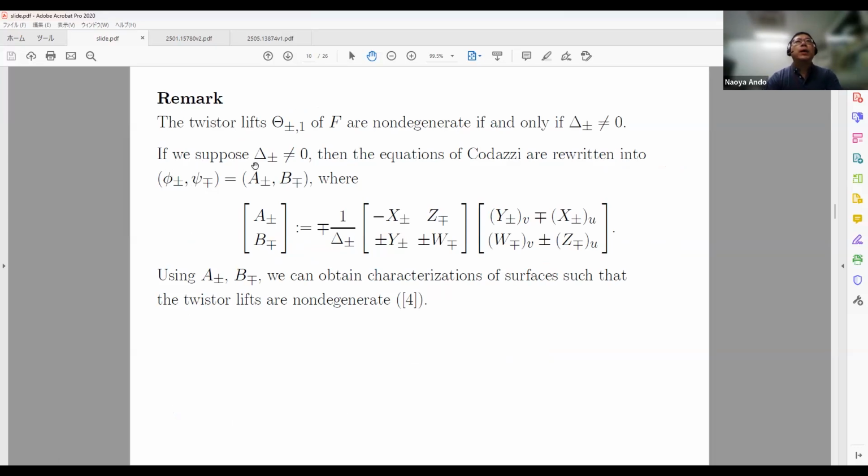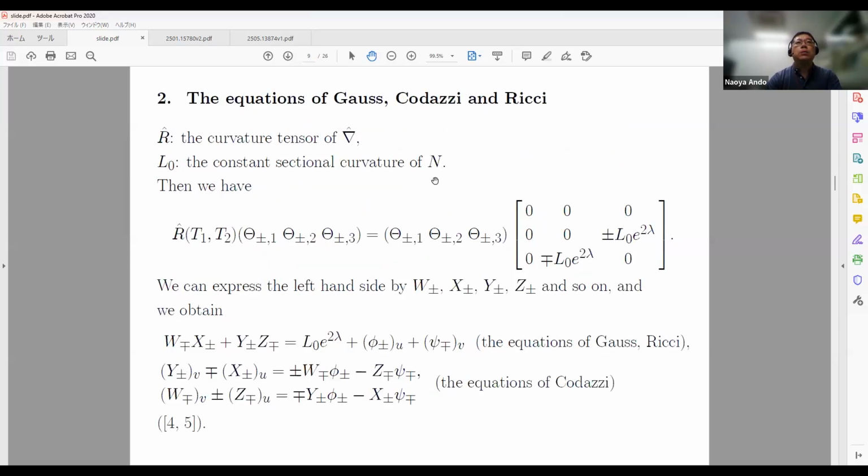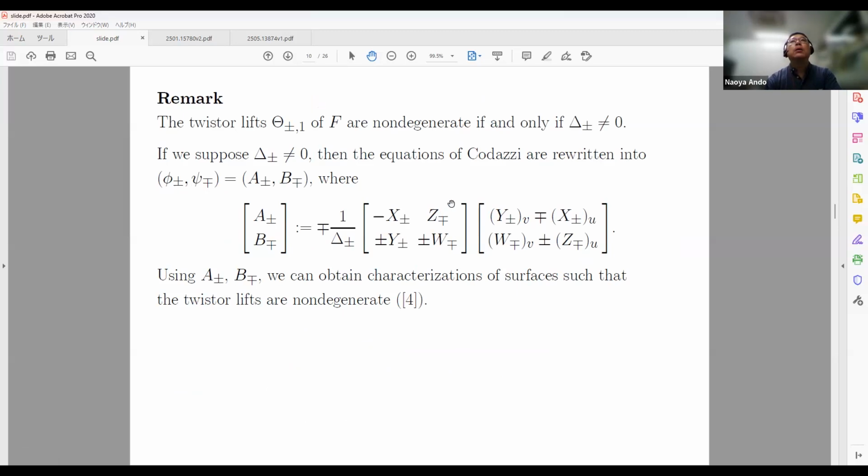If we suppose that delta plus minus are non-zero, then the equations of Codazzi, these are expressed by these relations. Noticing these relations, the equations of Codazzi are rewritten into these relations. Phi plus minus are equal to A plus minus. Psi minus plus are equal to B minus plus.